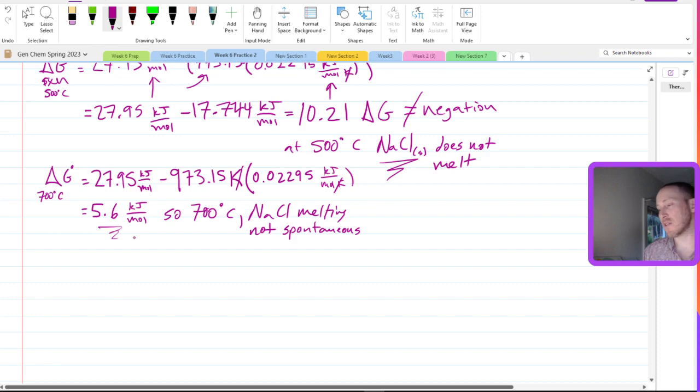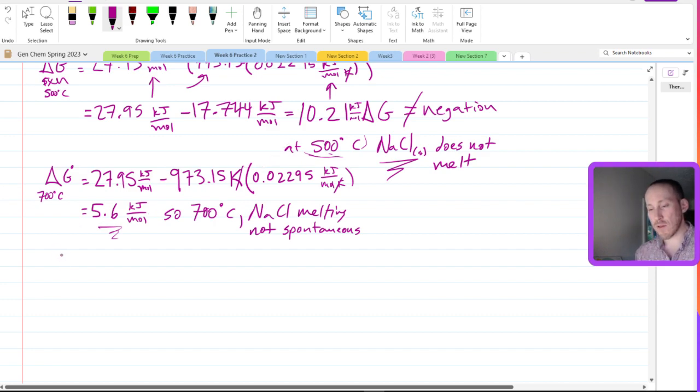So spontaneous means it happens on its own. Even if it's only a balmy 500 degrees Celsius in your living room, it would still cost you 10.21 kilojoules per mole of salt to melt it. So you still could make it melt, but you have to give it more and more energy. You have to add free energy. It doesn't get to lose any.